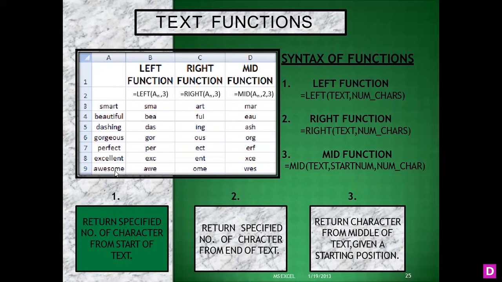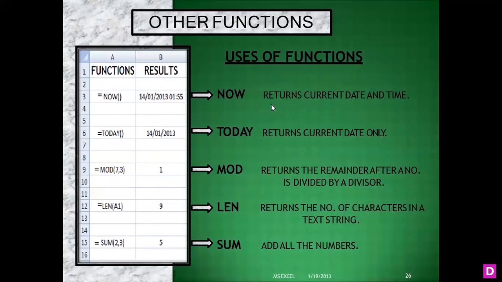First is the start number, second is the number of characters. The starting value is 2 and the number of characters is 3, then it will return MAR. Now, the other different functions.